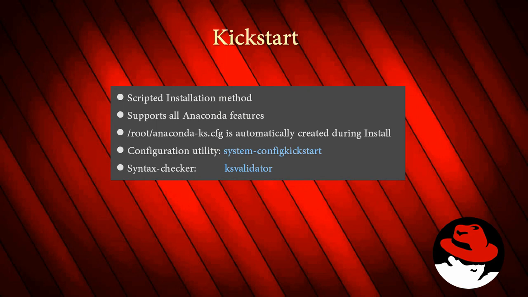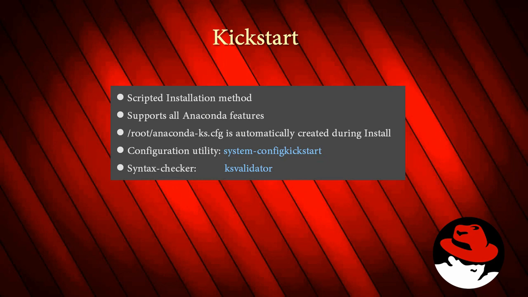It especially facilitates the setup of a number of machines that have similar hardware that the installer can auto-probe successfully. If it requires an item omitted from the Kickstart file, the installation pauses and the user is prompted for the information. It covers the scripted installation. It supports all Anaconda features.